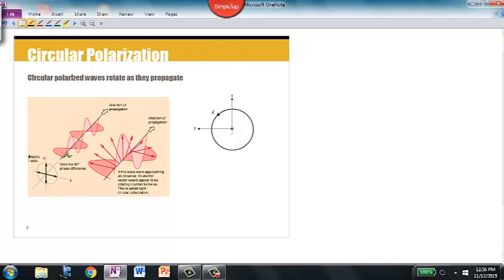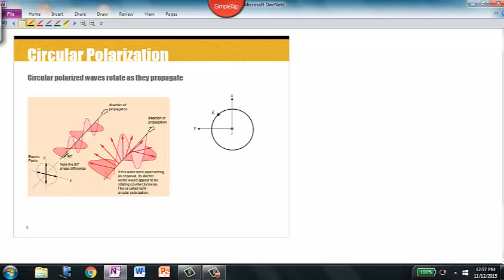The next type of polarization, the other of the two, is circular polarization. Circular polarization is the most common form of elliptical polarization, as I said earlier. In circular polarization, the tip of the rotating electric field vector will trace a circle in space as it travels away from an observer. In these diagrams we have the direction of propagation, and the tip of the field is moving as it rotates.